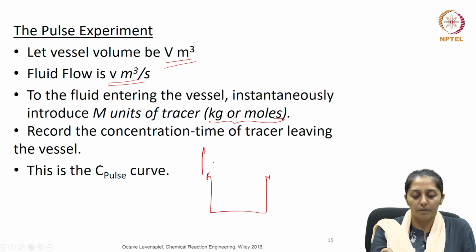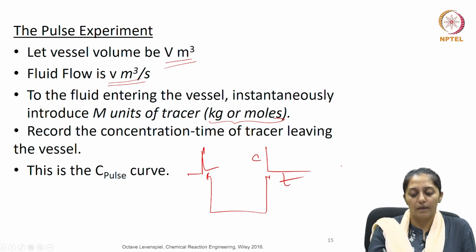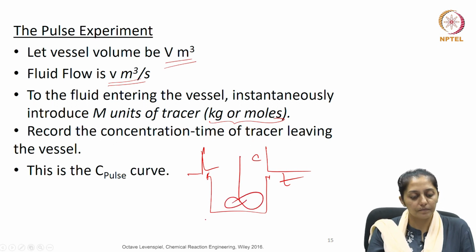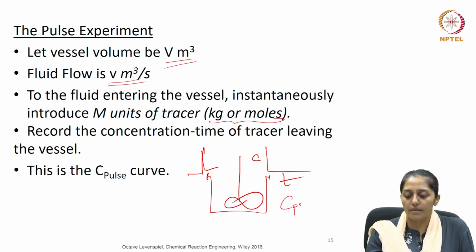Here we are giving the pulse input, and here we begin recording the concentration versus time of the tracer. This concentration versus time profile of the tracer is called the C pulse curve.